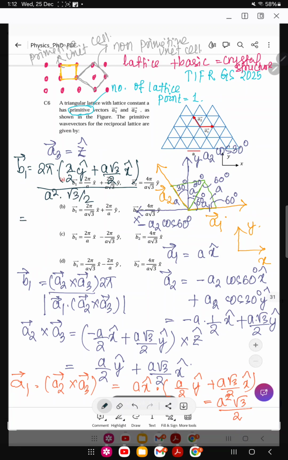On solving this, the 2 will cancel, and this gives 2 pi by a x cap plus 2 pi by a root 3 y cap. Simply, this will be the value of b1.